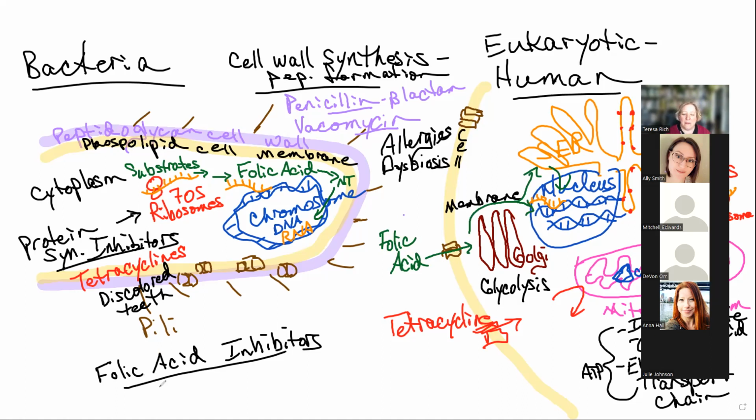Well, these inhibitors, the sulfa drugs, sulfonamide, inhibit these enzymes. We don't have those enzymes, so it doesn't bother us.